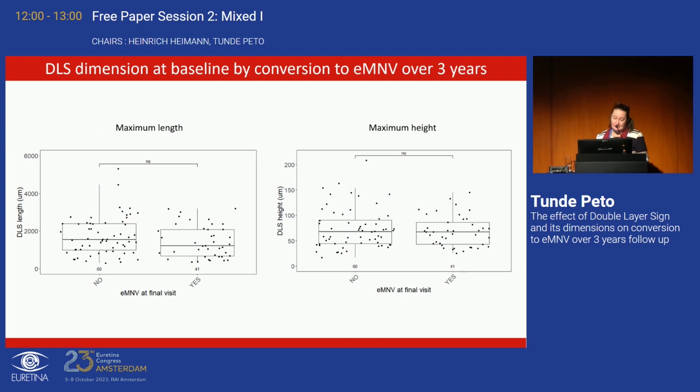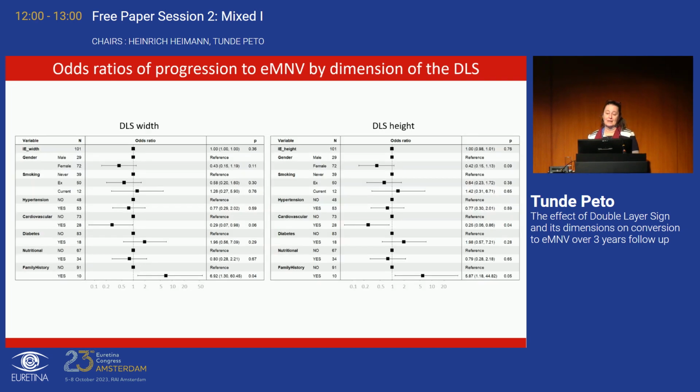And the maximum length and the maximum height, as you can see, were not very different between the two groups, and we didn't find that extremely helpful in further defining those who were converting or who weren't. But if you have a look at this, the family history and some of those other characteristics are more helpful.